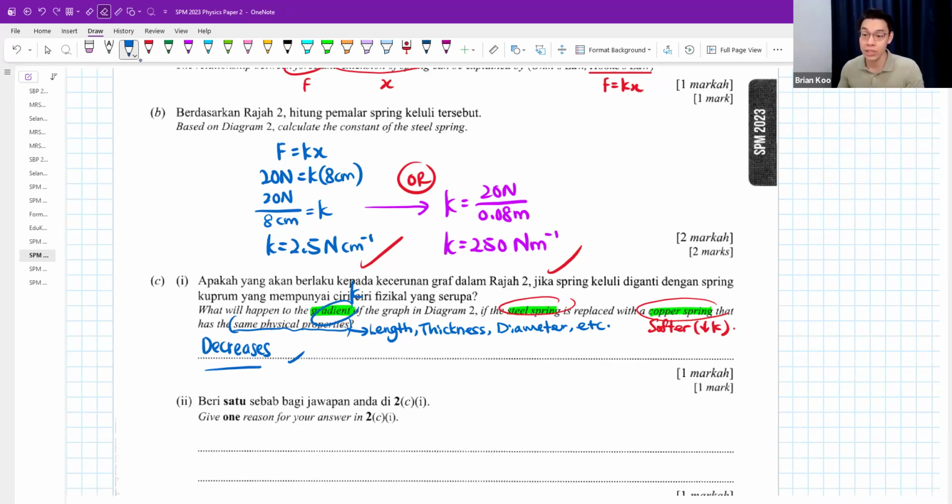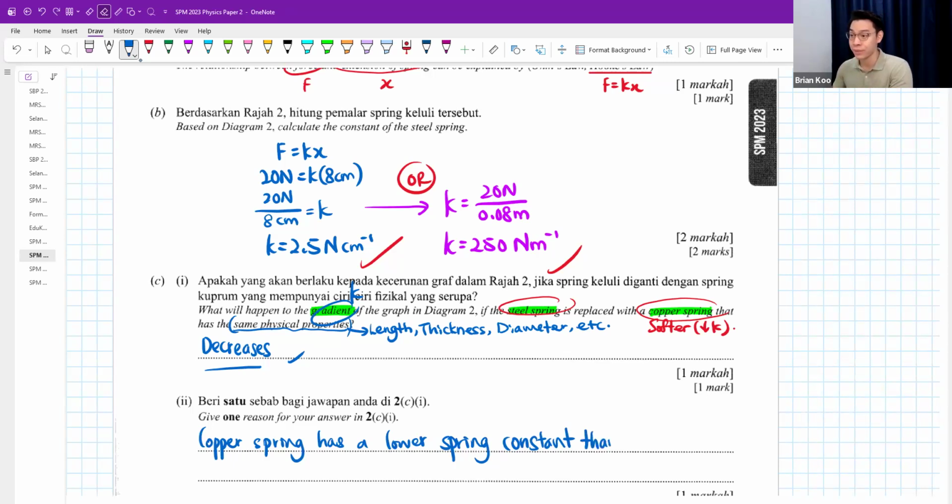And the reason is because the copper spring has a lower spring constant. This is the best answer if you ask me. You tell them I know gradient is spring constant, and you want to add lower spring constant, then still spring also can.